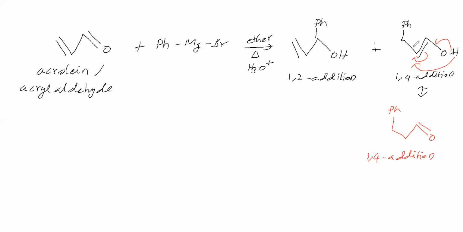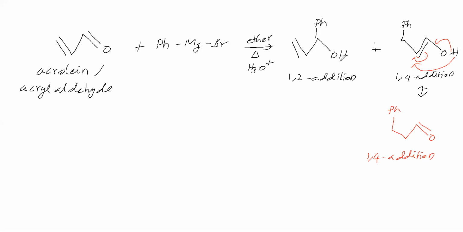This pi bond is going for hyperconjugation with this carbon having two alpha hydrogens. So hyperconjugation is possible here, and here also hyperconjugation is possible.